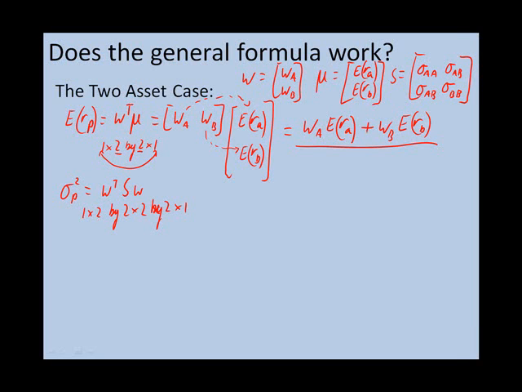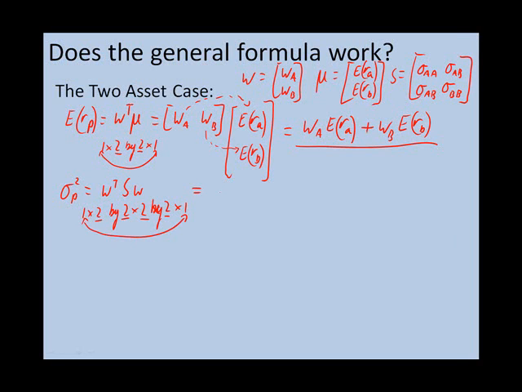Let's consider W transpose times by S first. We can do that matrix multiplication. What about S times by W? We can do that matrix multiplication as well. The result is going to be a 1 by 1 again, which is exactly what we'd hoped for. The portfolio variance should be a 1 by 1.